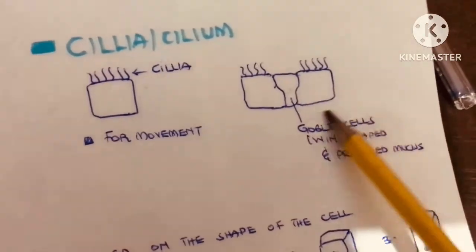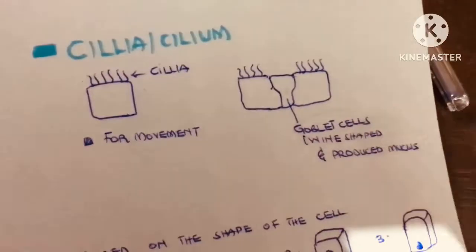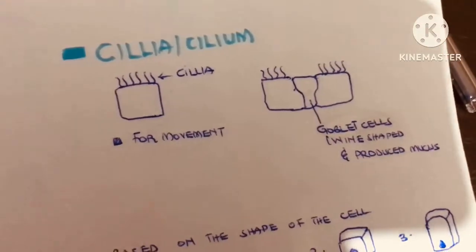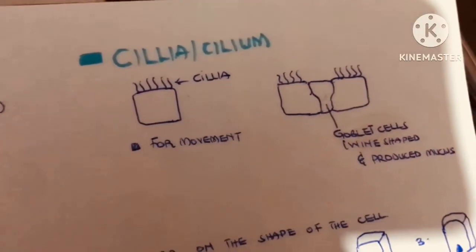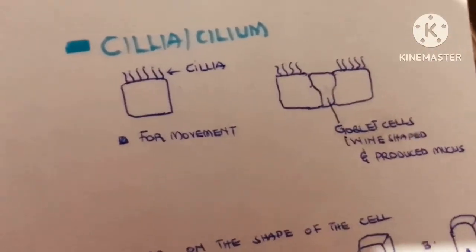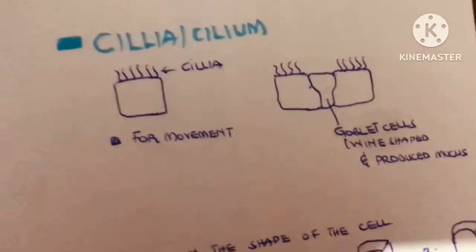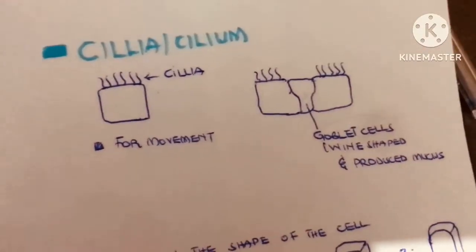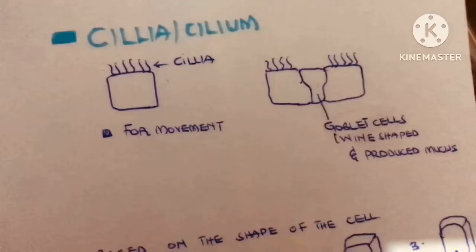And these goblet cells secrete what we call mucus. So wherever you see cilia, it's likely that you see goblet cells, because they produce the mucus, and the cilia beat it up the respiratory tract for you to either swallow it or spit it out.